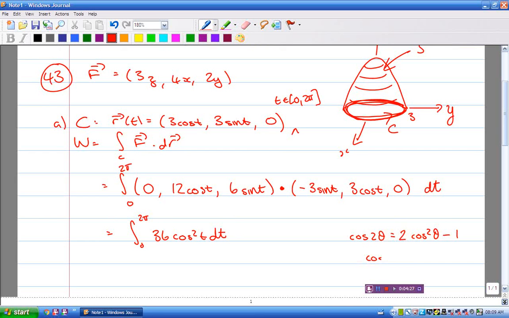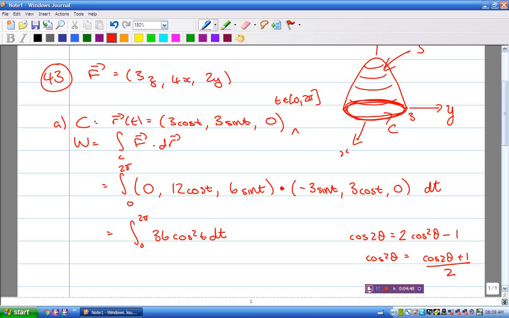So therefore cos squared theta is cos 2 theta plus 1 over 2. I do this every time, by the way. I have my double angle formulas completely burnt into my brain, and then depending on whether I want cos squared or sine squared, I go back to my double angle formula.